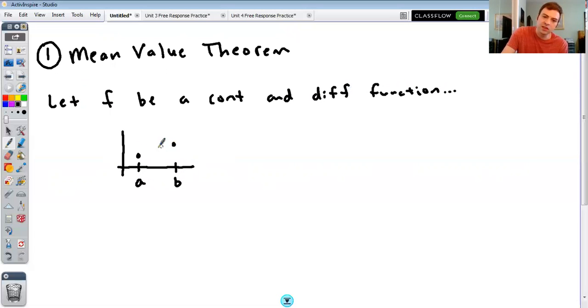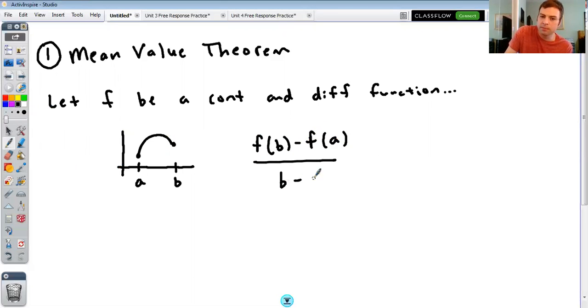And I'm going to draw just a nice, smooth, continuous and differentiable curve from a to b. So what does it say? Mean value theorem says that the average rate of change, so the slope from a to b, must be at least at one point equal to the instantaneous rate of change. And that one point, we're going to call that c.